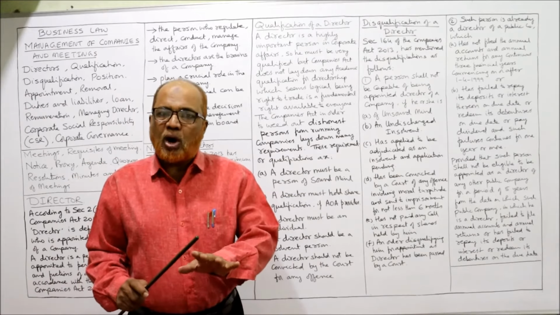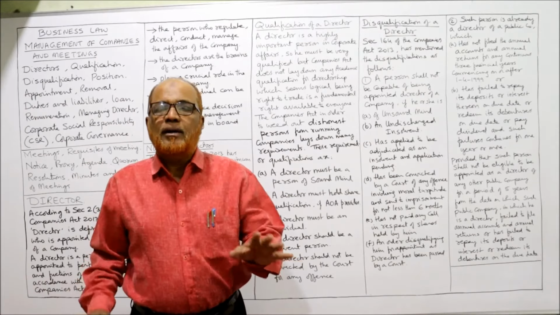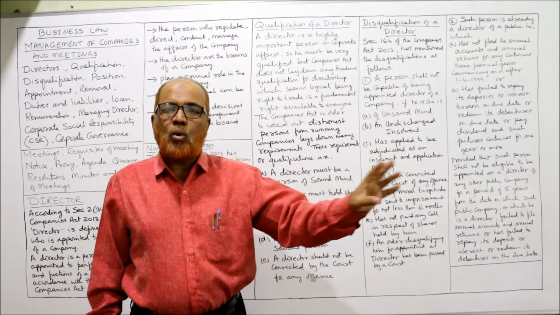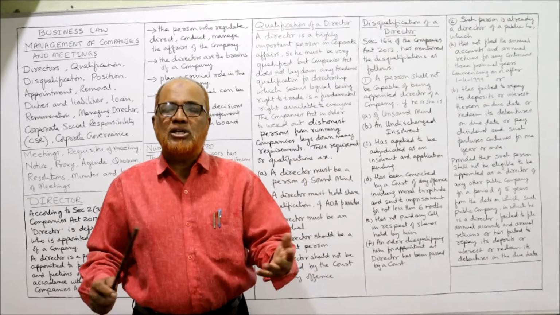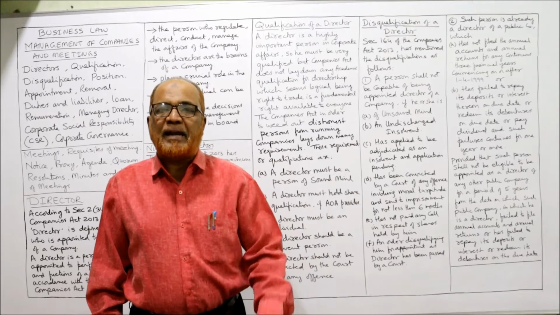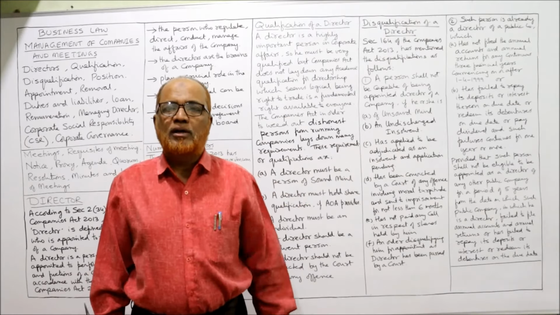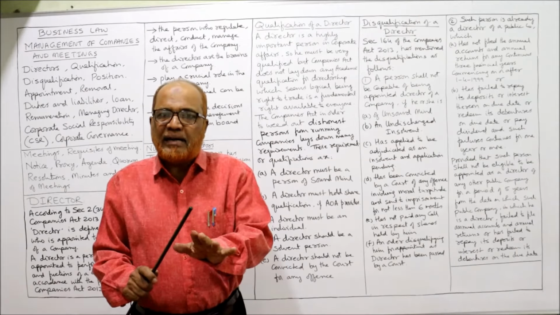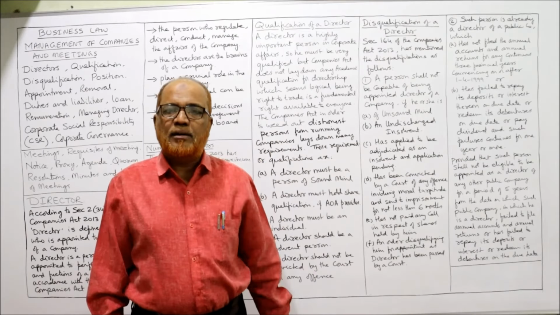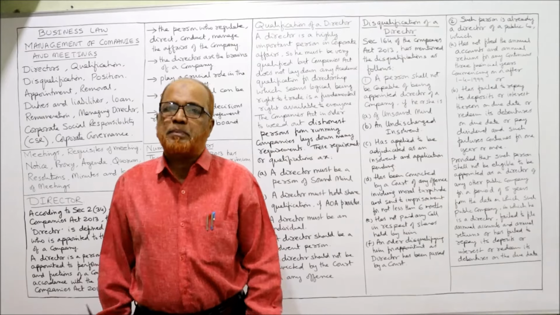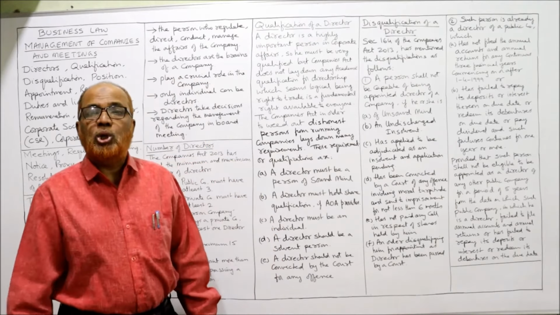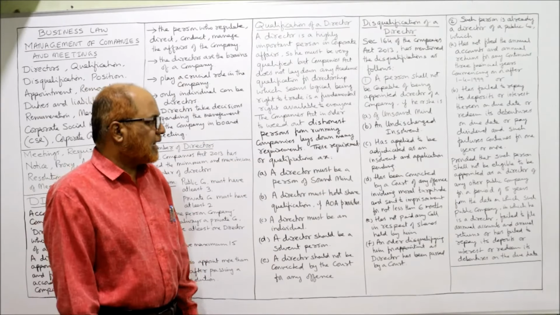A person is not adjudged insolvent, but he has applied to the court to declare him as insolvent and the case is pending before the court of law. Not completely declared that he is an insolvent, but the court case is pending. That person is also not eligible to become director.